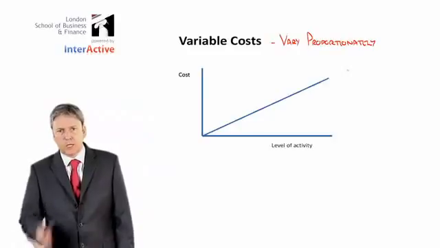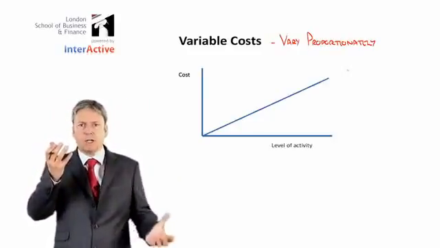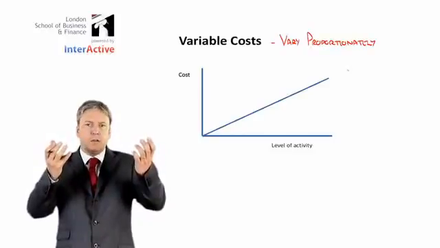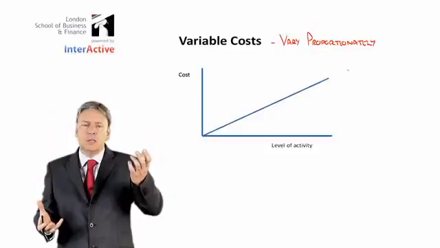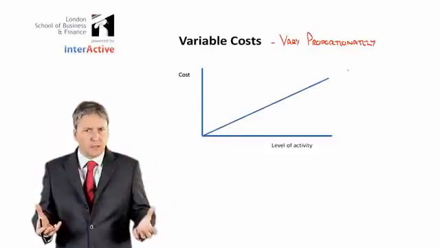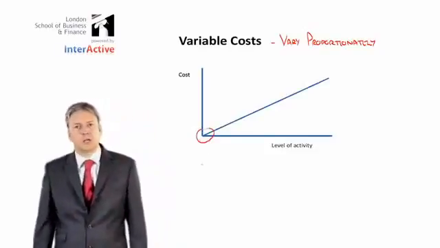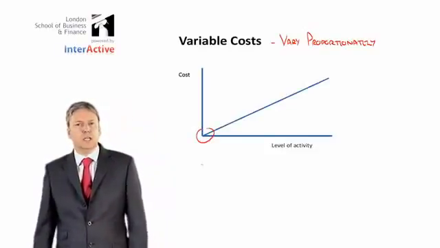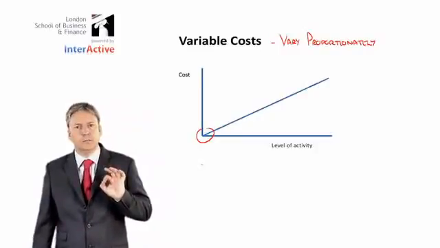In simple terms, if the level of activity rises by 10%, variable costs go up by 10%. If the level of activity drops by 50%, then the variable costs drop by 50%. If the level of activity is zero, the costs are zero. So what we see here is a straight line rising through the origin.